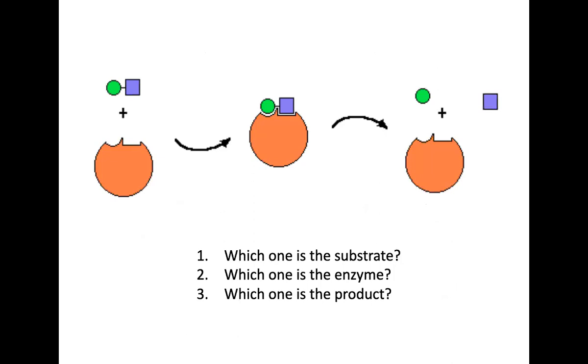All right, so now looking up here, which one's the substrate? Tell me colors and be specific. Yep, okay, the green and blue, purple, the circle and square, the very first one. That's the substrate because it's going where? Into, okay? Think of before the arrow.